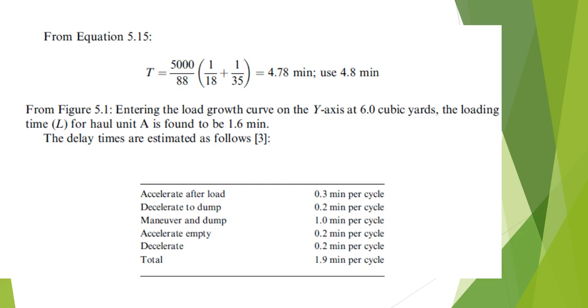then we can figure out the time, and it's rounded off to 4.8 minutes. And then if we go to figure 1 and enter that load growth curve for 6 cubic yards for haul unit A, we'll find that A is 1.6 minutes.